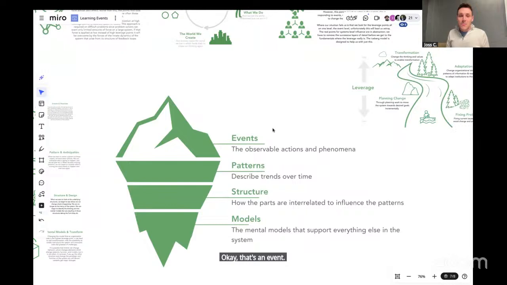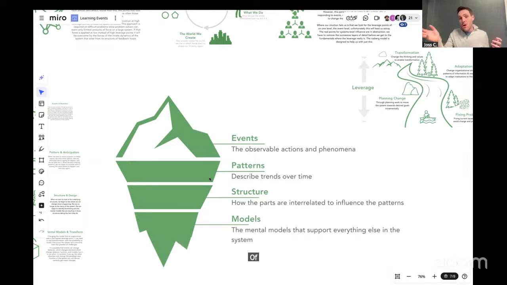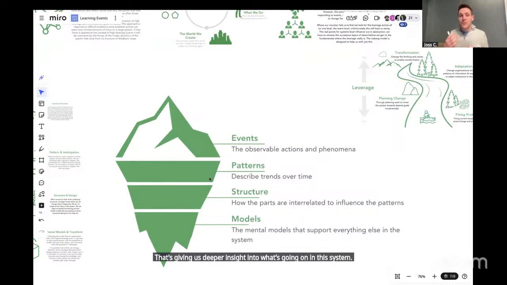But we don't know much about the whole supply chain for oil and petroleum energy and so forth, and why that ship was in the Gulf, what's been going on over time. Because below that is actually a pattern, a trend of maybe more oil spills around the planet, which is interesting. That's giving us deeper insight into what's going on in this system. But there's still a lot more behind that.